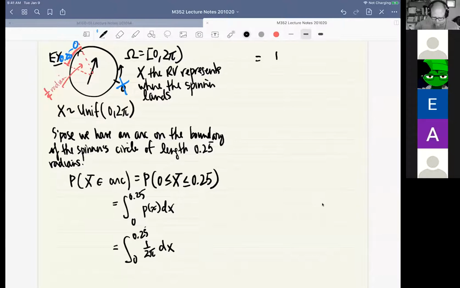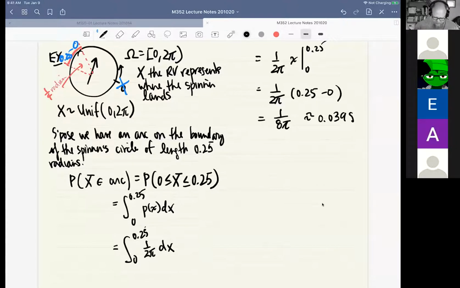Doing my calc 2, pull that 1/2 pi out, I get an x from 0 to 0.25. That's the fundamental theorem of calculus. 0.25 is 1/4, and so I get 1/8 pi, which is approximately 0.0398. So about almost a 4% chance that my spinner ends up in that region. This is an example of how we would calculate something.